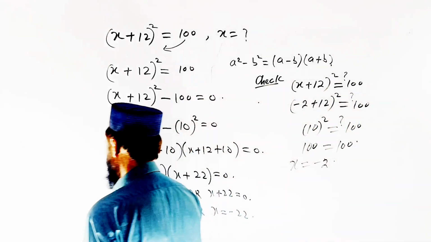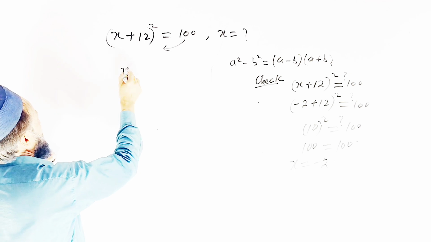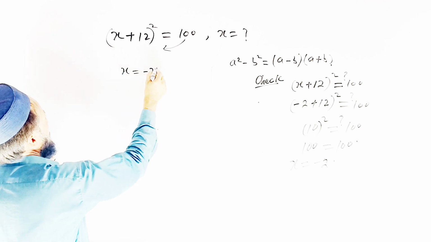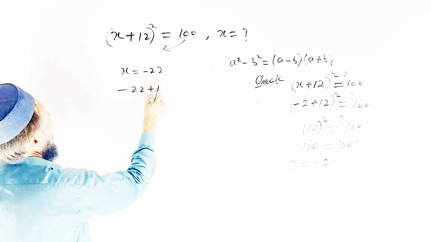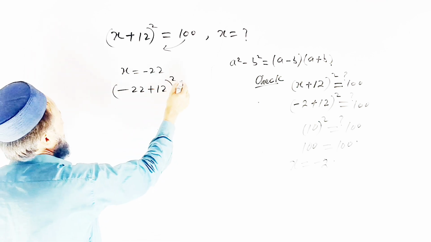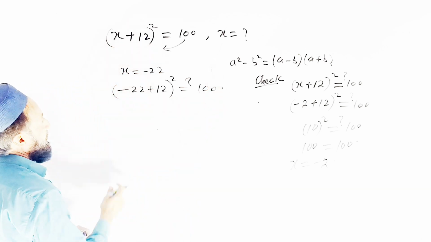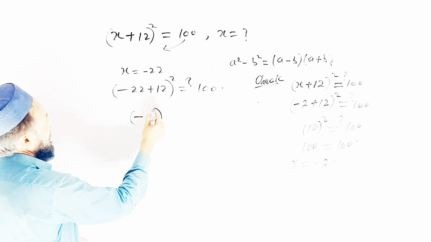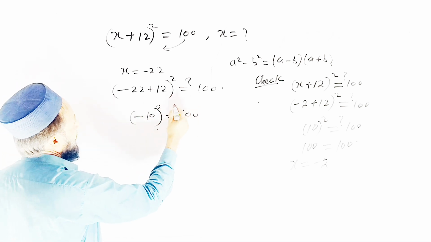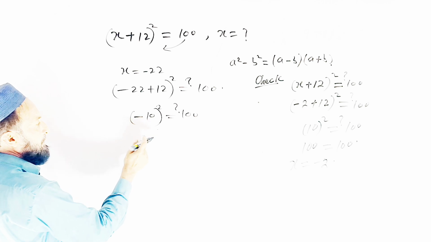Now the second root, x equal to minus 22. If we check this one, what will happen? (Minus 22 plus 12)² is equal to 100. Minus 22 plus 12 we get minus 10, and (minus 10)² is, minus times minus, positive.